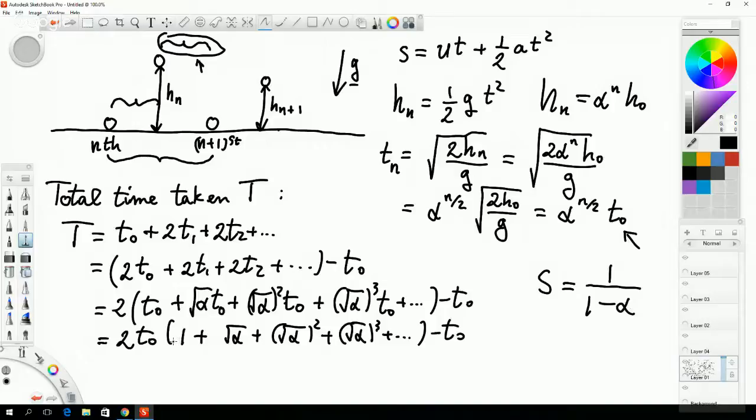So if what I have in these curly brackets is now s, or let's call it s prime just to be clearer, then s prime this time is equal to 1 over 1 minus square root of alpha. So then we end up with 2t naught over 1 minus square root of alpha minus t naught.